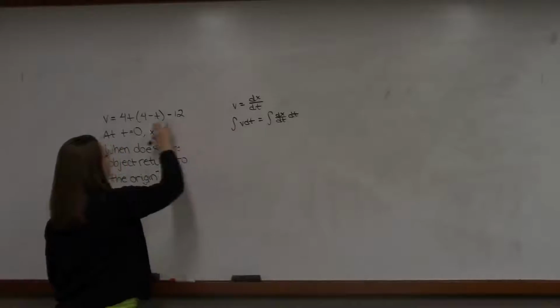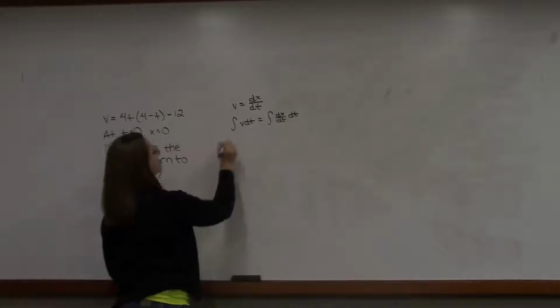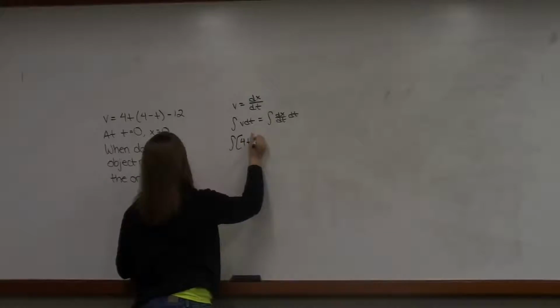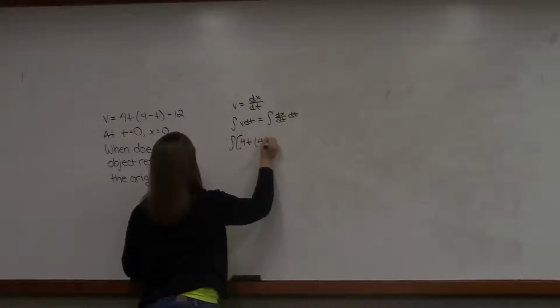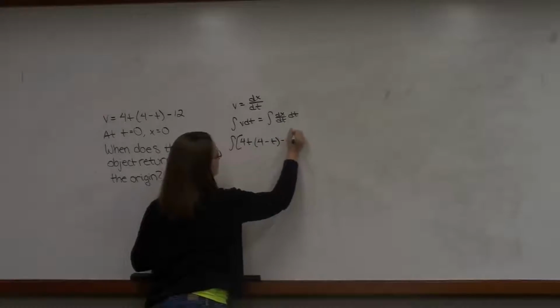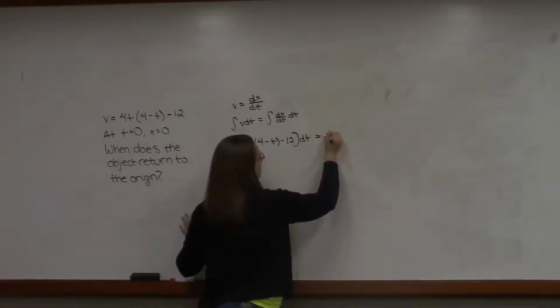So now I want to plug in this equation here for our v. So we have the integral of 4t times (4 minus t) minus 12 dt equals dx.